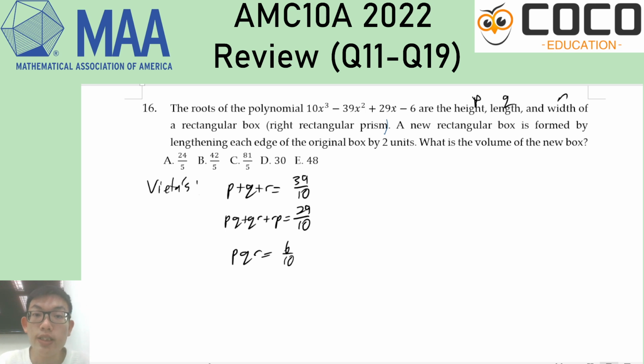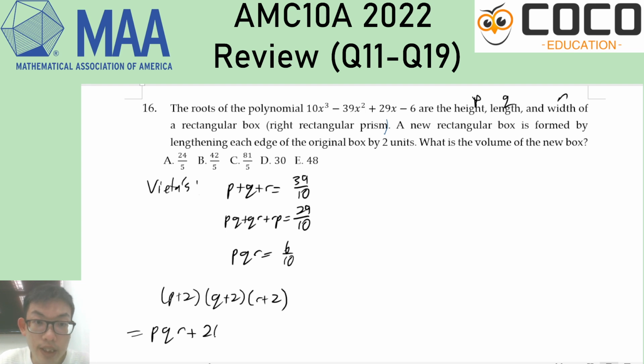Now, based on this, a new rectangular box is formed by lengthening each edge by 2 units, means that you have to calculate this, which would be quite okay. If you expanded it out, you get just the same stuff that comes out from Vieta's.